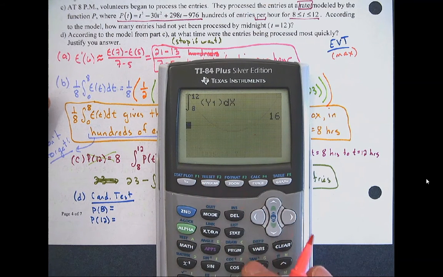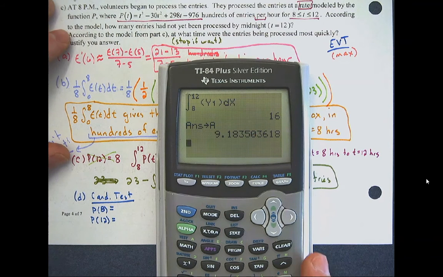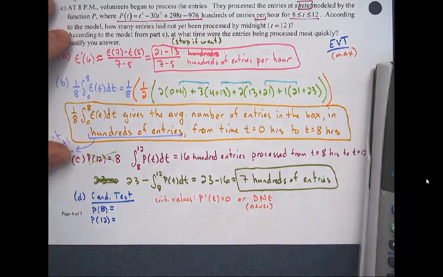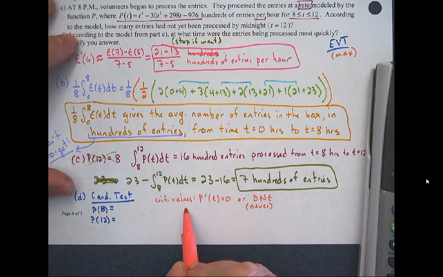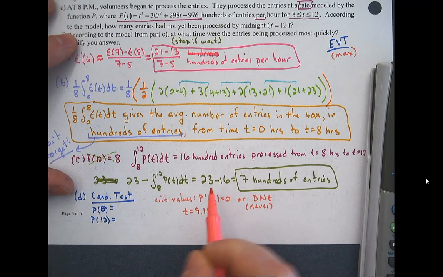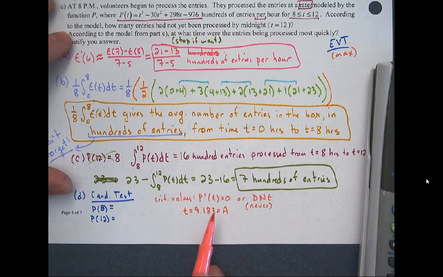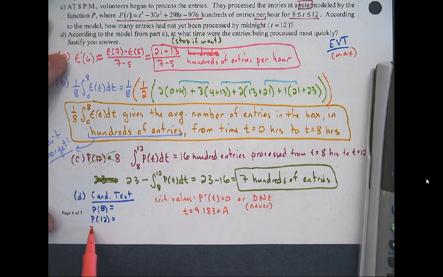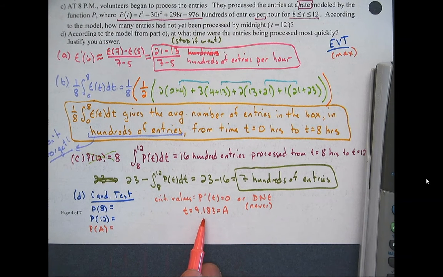So quit out of this, and I want to just hit store, alpha A. That took my last output and stored it as A. So now I can say t equals 9.183, which equals big A. From here on out, I can use big A all over the place. So over here, I can call this P of big A. I don't have to write P of 9 point blah, blah, blah.